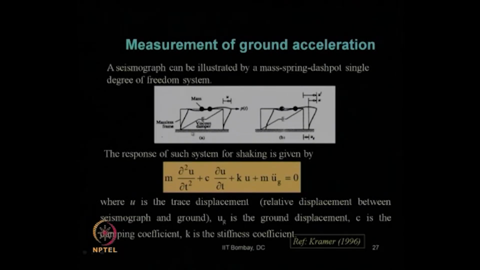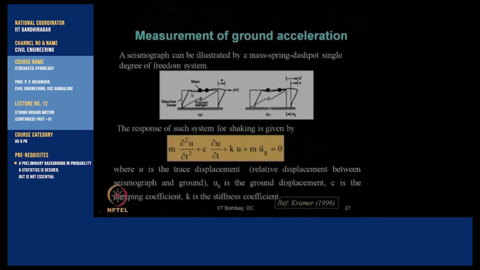This is a single bay, single story portal frame structure, and the entire mass of that structure is assumed to be concentrated at the floor level, considering the mass of the beam and slab together, and typically columns are considered massless.